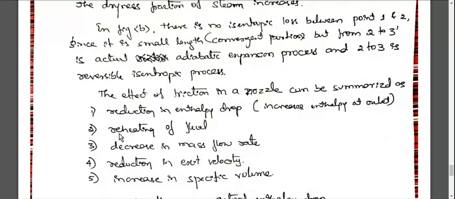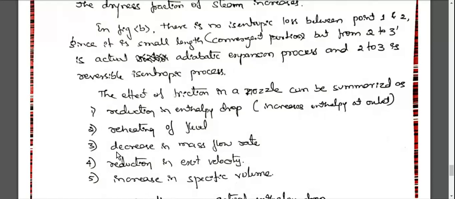The second point is important: reheating of the fluid. As I told you, considering the friction, heat is generated, and the generated heat will not go outside because the nozzle is insulated. So the heat stays within the system. That heat increases the temperature of the steam, so it is called reheating of the fluid.